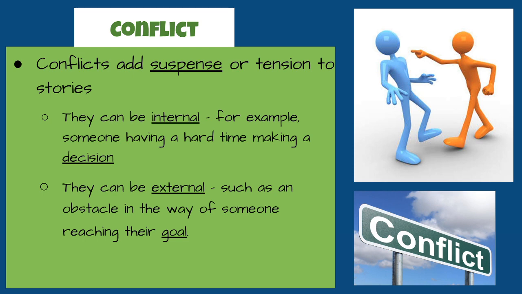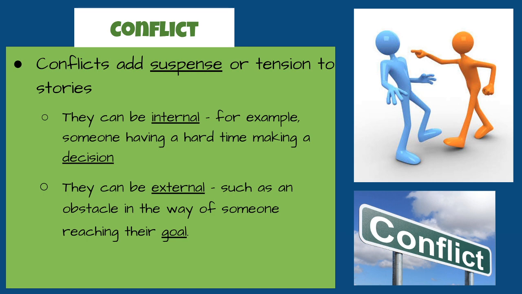So the first technique of storytelling that we're going to talk about today is conflict. Okay, conflict is something that adds suspense or tension to a story. And now conflicts can be either internal or external.